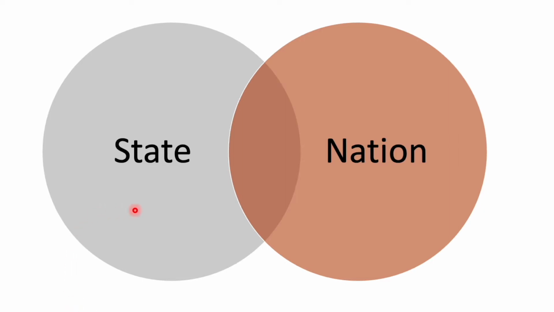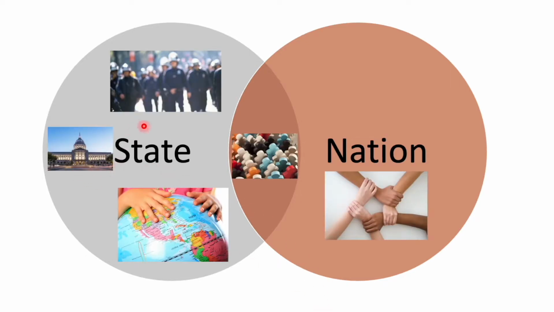Let's start by comparing the concepts state and nation. States are political organizations with governments that can control their populations, and they have internationally recognized territory. So you see that a state has a population. That is a characteristic that it shares with the nation.